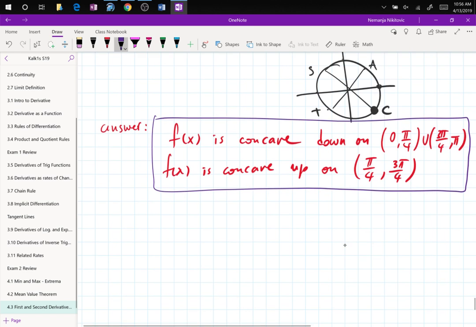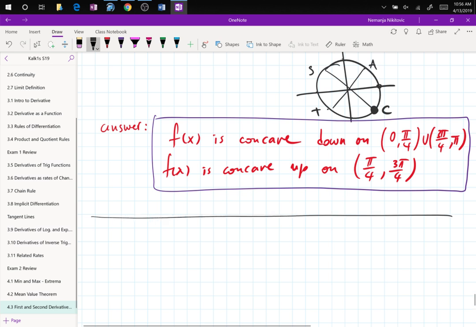Great. Let's do one more since we have time. Now again, I did different problems in my other section. So if you watch the other one that is not labeled as Calc 1s, you can see other examples.